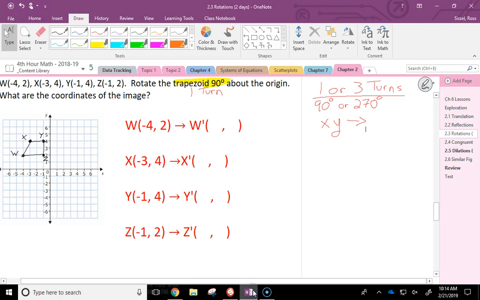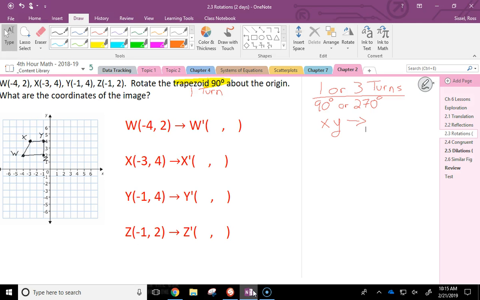So, someone that has their transparency paper on them, what is the new coordinate for the W? Dusty? No. 2, 4. I don't think this is right. W should be, let me check on mine. Good. Try it again. Dusty, look at yours again. Dusty, what do you think?